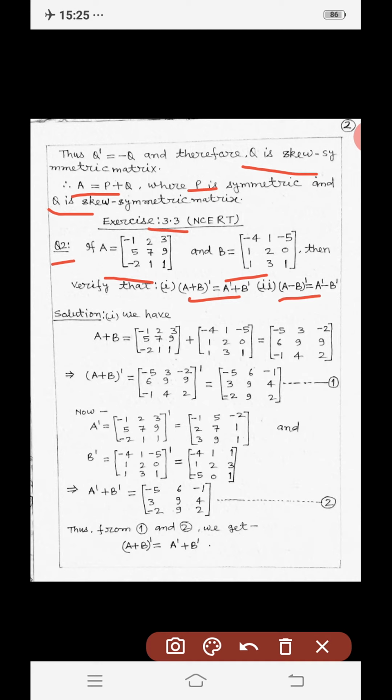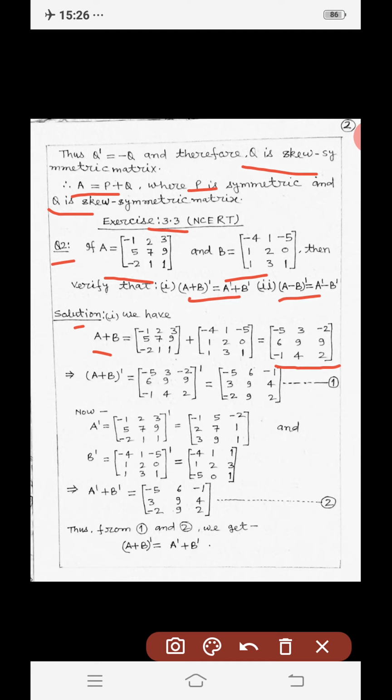To find the solution, we have A plus B equal to [-5, 3, -2; 6, 9, 9; -1, 4, 2].